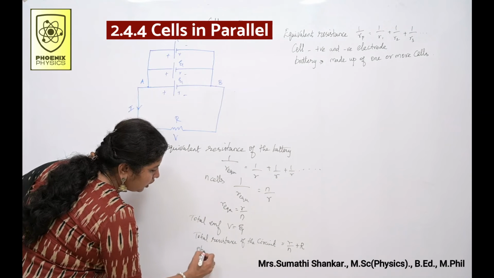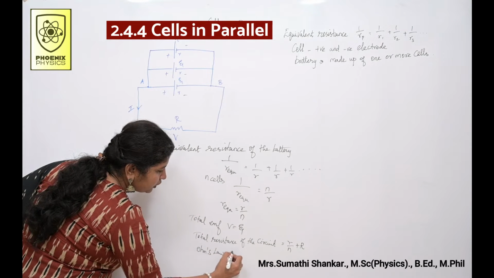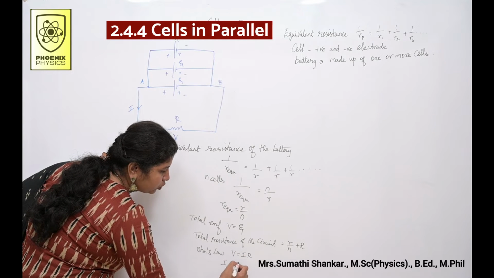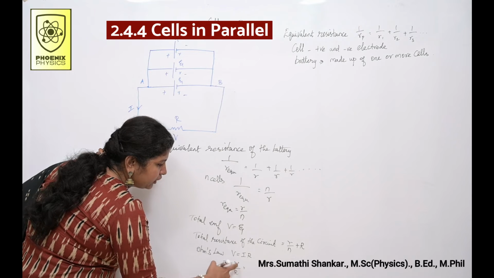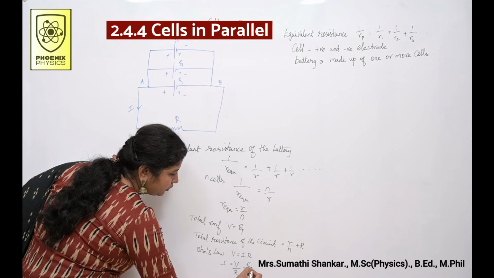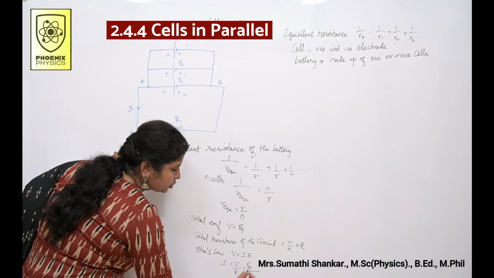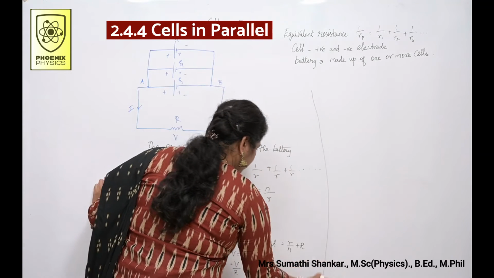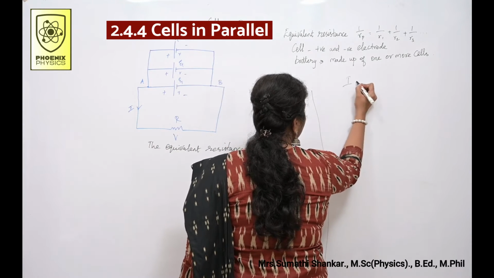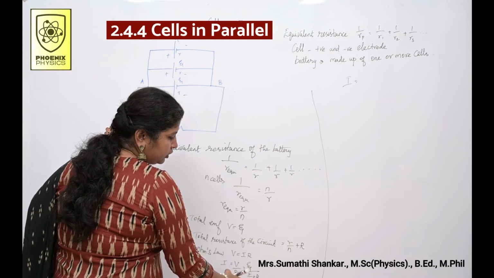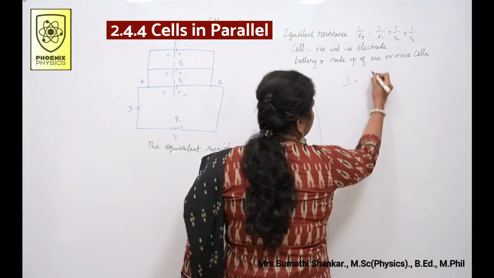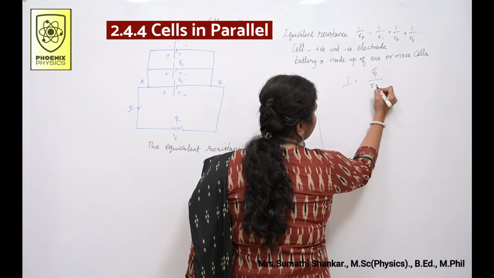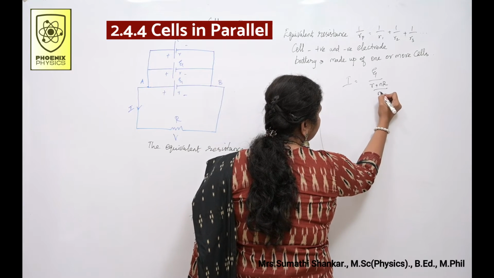According to Ohm's law, V is equal to I into R. I want to calculate the current, so I is equal to V by R. Here instead of V you can substitute Xi, and instead of R you can substitute r by n plus R. So I is equal to, take LCM here, Xi by (r plus nR) by n.